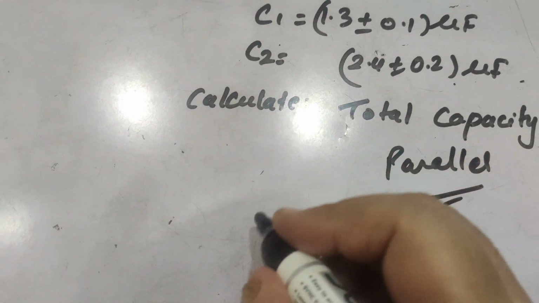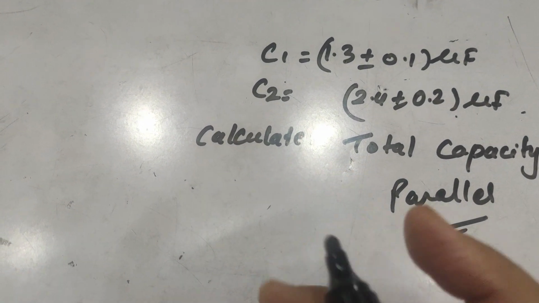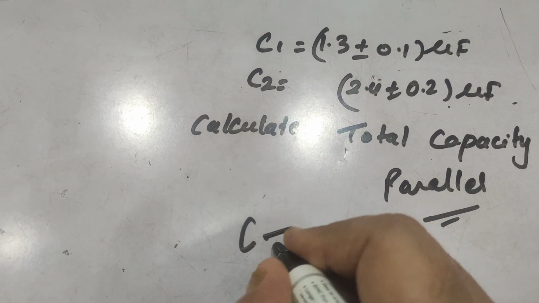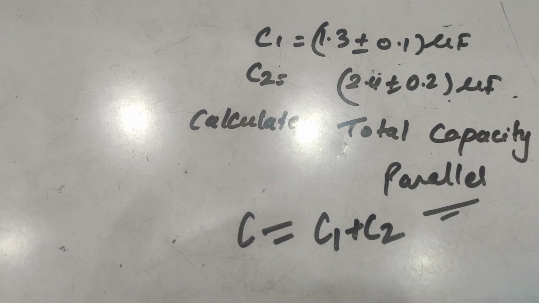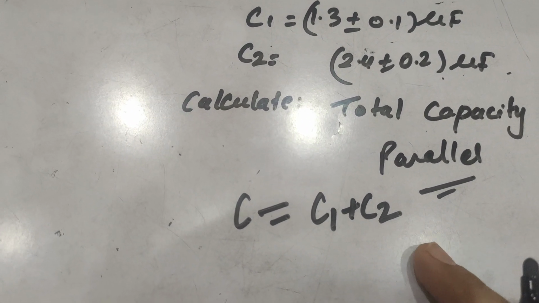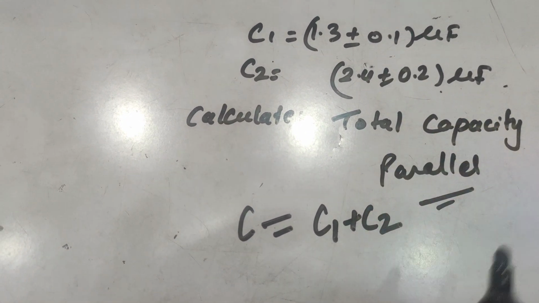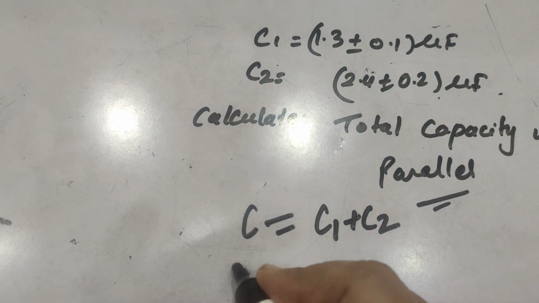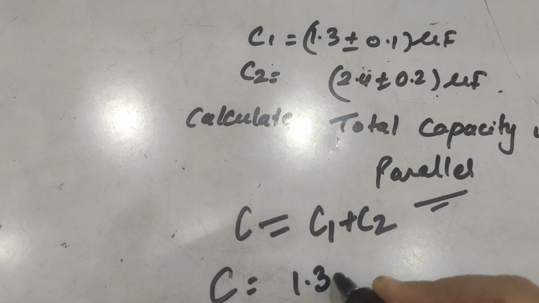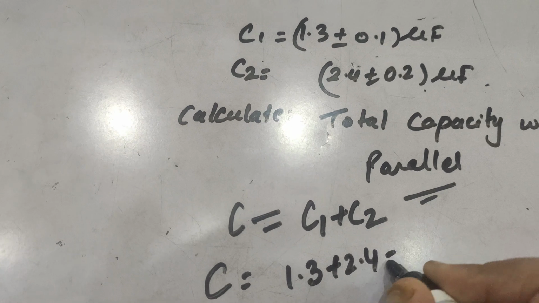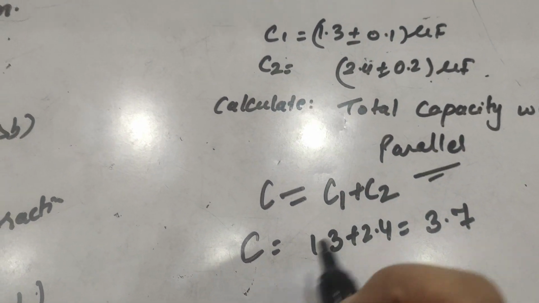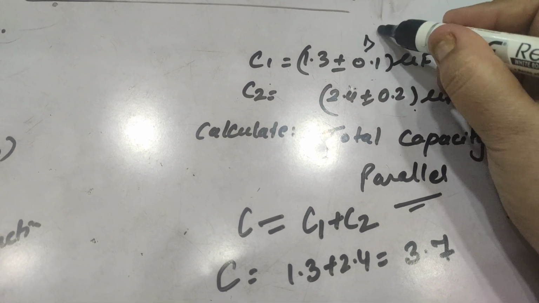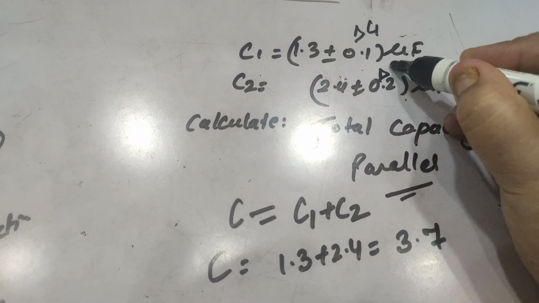We know that when two capacitors are connected in parallel, their net capacitance C is equal to the sum of these two capacitances. It means this is the case of addition. Now first of all we will calculate C. C is equal to 1.3 plus 2.4, which is equal to 3.7. And now this represents delta C1 and this represents delta C2.